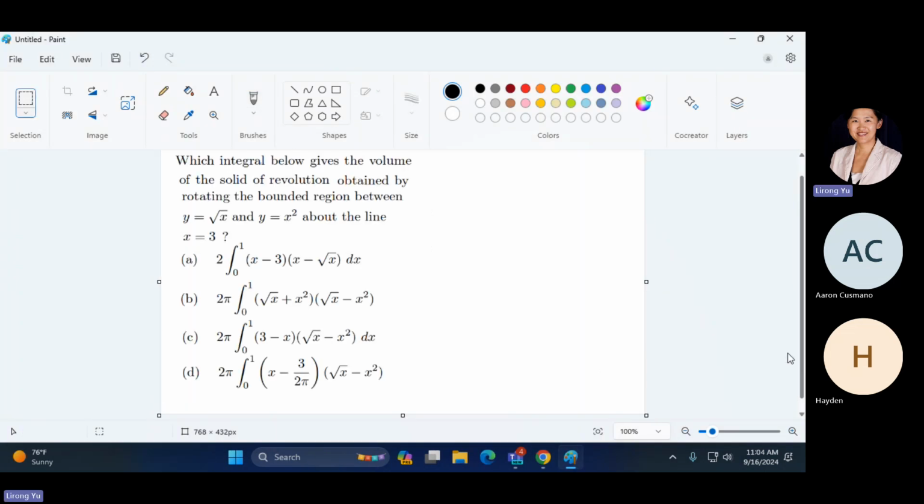Okay, so first we'll graph the two-dimensional shape and then think about the revolution. I would recommend drawing these two curves and the line x equals 3, just to get an idea of how things work.